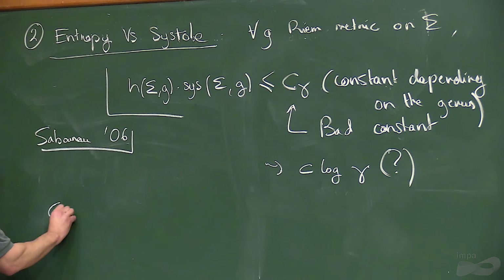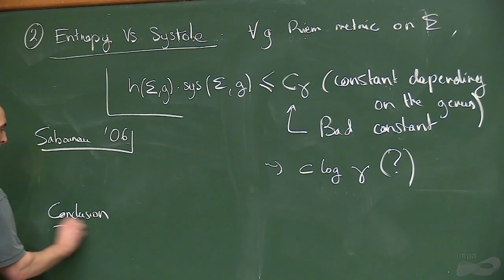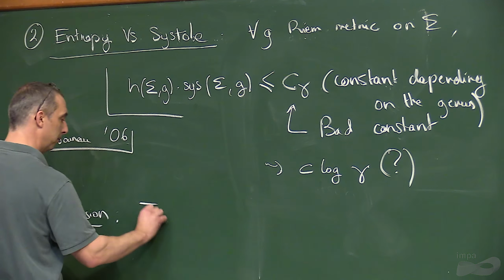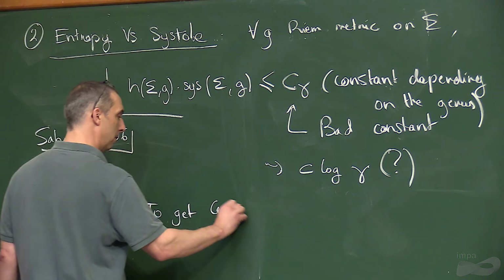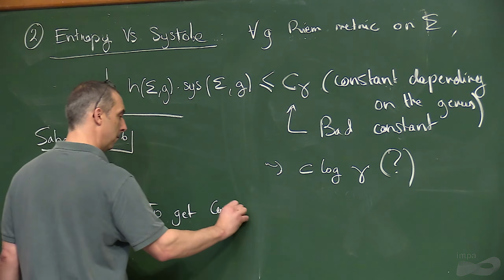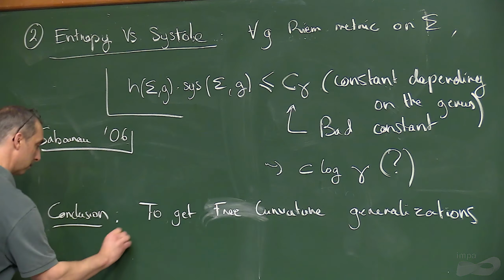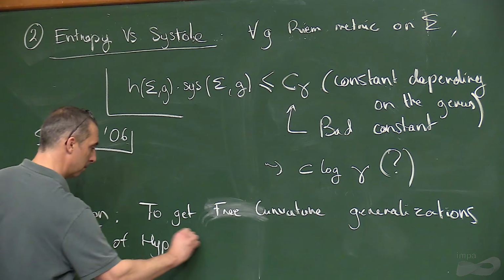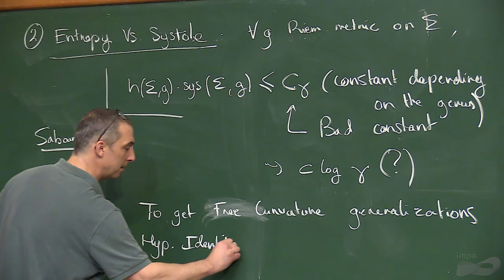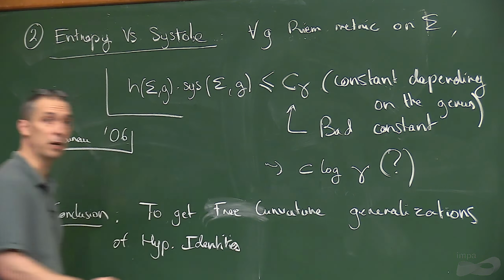So the conclusion is the following. To get curvature-free generalizations of hyperbolic identities, I mean identities or inequalities of course, use the volume entropy.